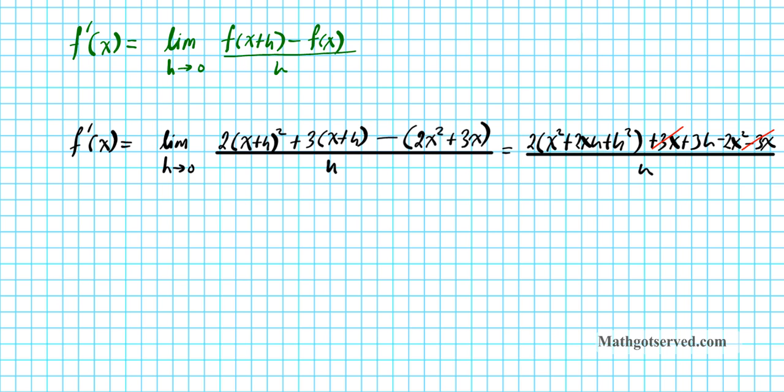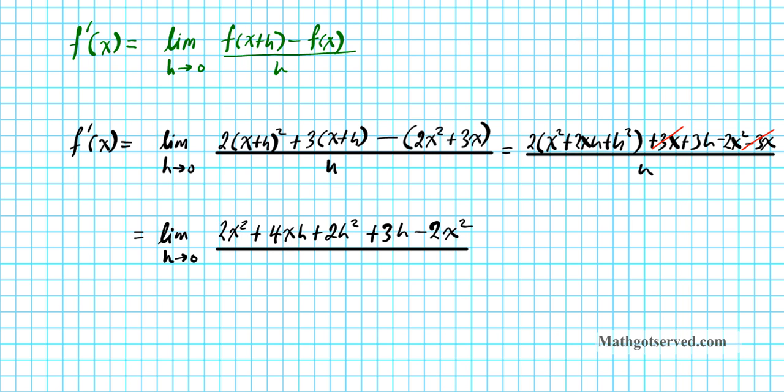So we're going to have the limit as h approaches 0 of 2x squared plus 4xh plus 2h squared plus 3h minus 2x squared, that entire numerator divided by h.